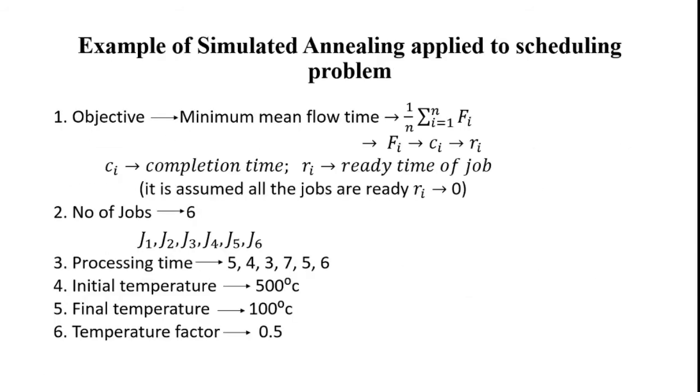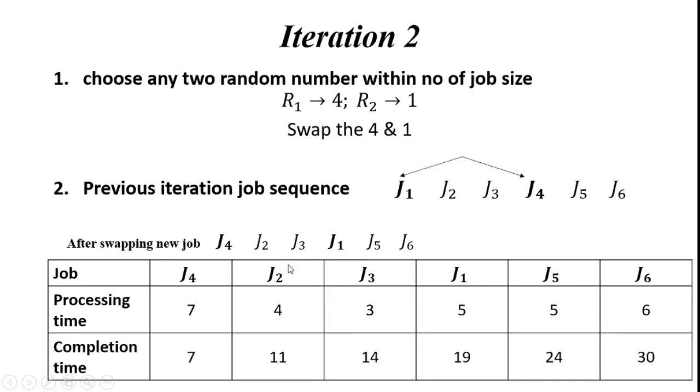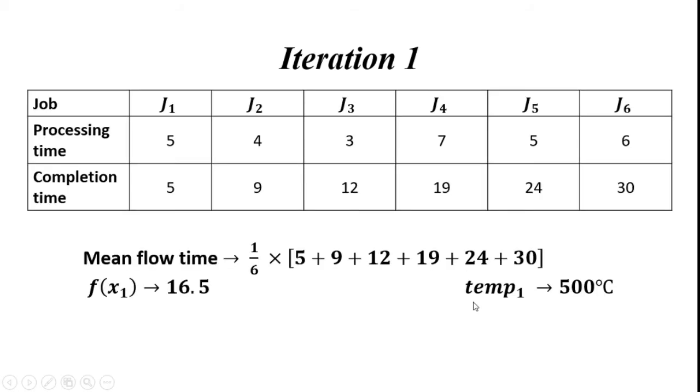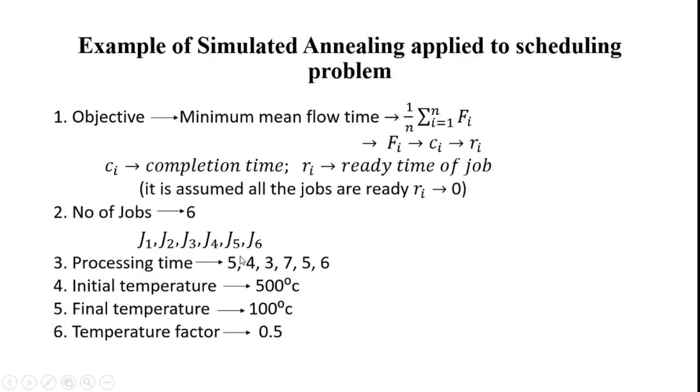Here you see the job processing time: J4 has 7. So in iteration 2, I initiate J4 with 7, J2 as usual 4, J3 as usual 3, and I change the job 1 processing time, because I swapped the job sequence. Job 1 in the problem was given as 5.